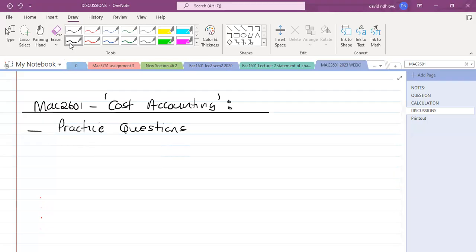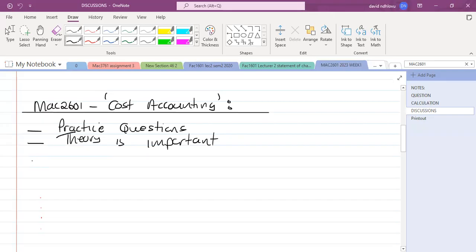The other thing with management accounting is that theory is very important. Besides the calculations, you need to be very thorough with your understanding of theory, because whatever you do in terms of calculation will be informed by the theory understanding that you have.